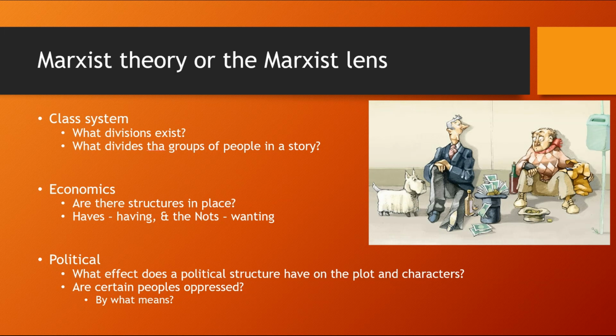The Capitol used these little things to keep people oppressed, like the Hunger Games, right? They would give them some bread and circuses, right? Give the people a little bit of food, give them a little bit of distraction, entertainment, and they won't rise up. They'll stay in the place where you want them. So that's going to be looking at a piece of literature through the Marxist lens.